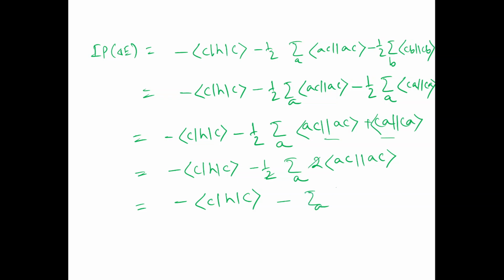Now we have summation over A, AC, AC. Take the negative common. We have CHC plus summation over A. So actually you can write ACAC or CACA, whatever you want, but to maintain the same notation, we are going to write CACA.